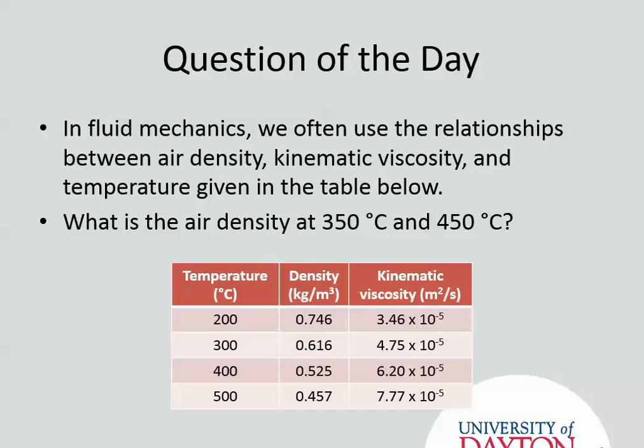We have temperature at 200, 300, 400, and 500, something along these lines. We've got the four data points, and we've got our density values. Oops, I put that backwards there, going down instead of up. Something like this.